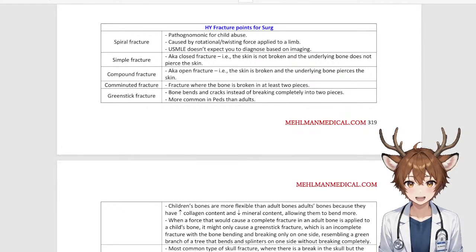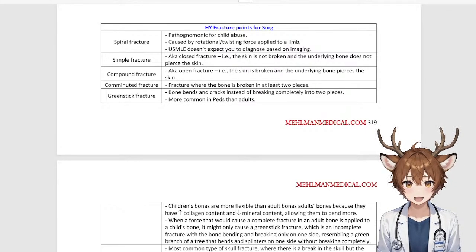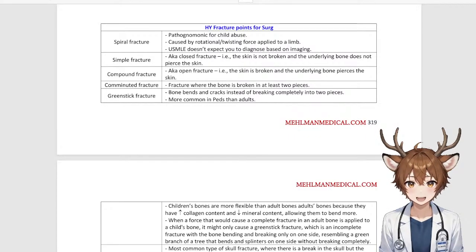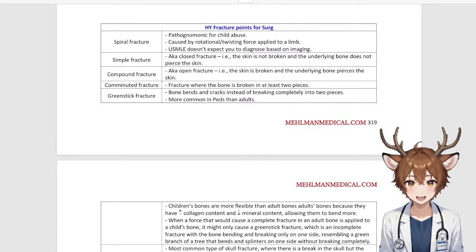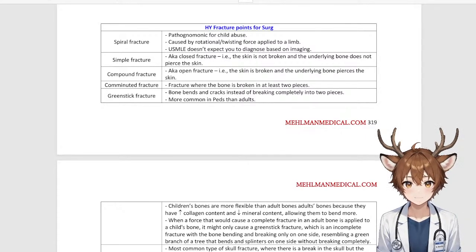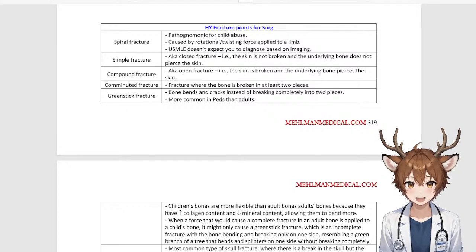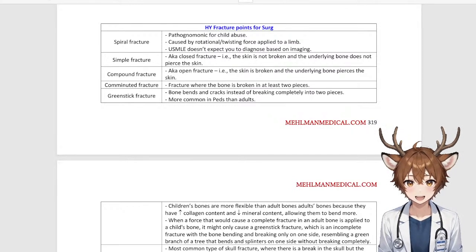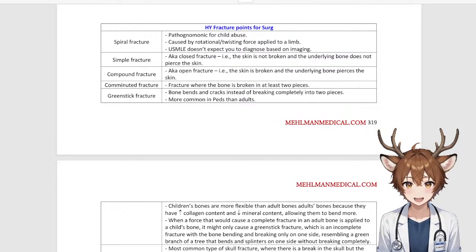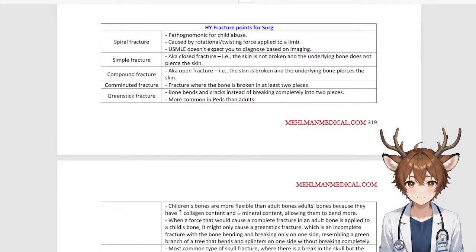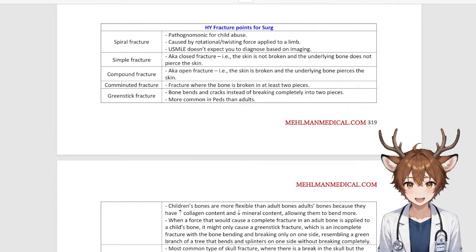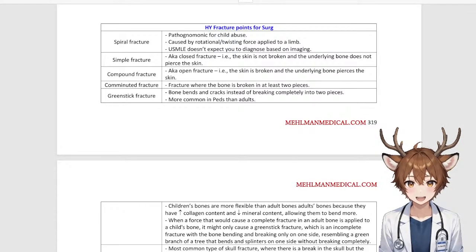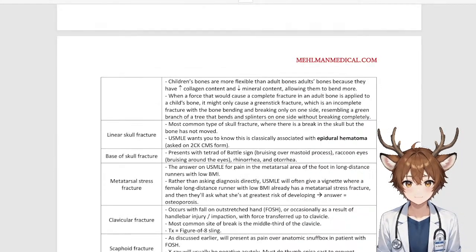It's the bending of a young green branch. When a force that would cause a complete fracture in an adult bone is applied to a child's bone, it might only cause a greenstick fracture, which is an incomplete fracture with the bone bending and breaking only on one side, resembling a green branch of a tree that bends or splinters on one side without breaking completely. Exactly.